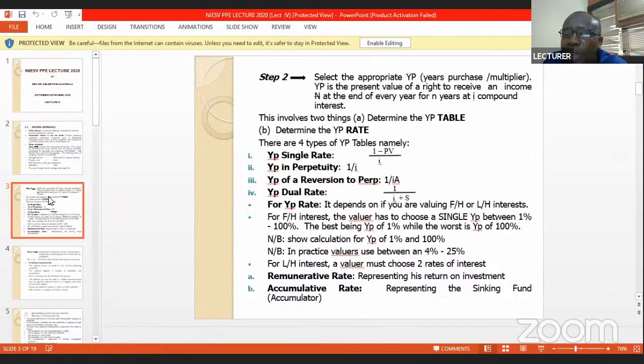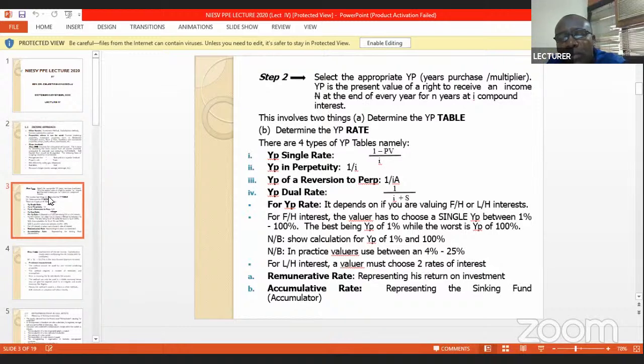If the landlord is collecting a rent that is less than full rental value, then we must value that rent with YP single rate. If you check on your screen, you will see that YP in perpetuity has the formula 1 over I. You will also see that YP single rate has the formula 1 minus PV all over I, where PV represents present value.